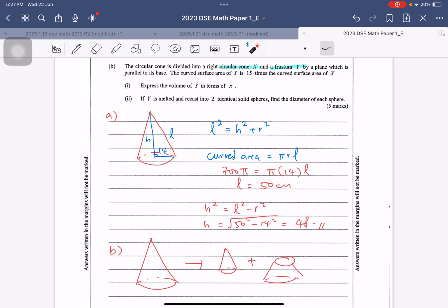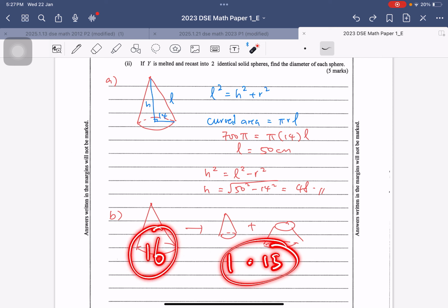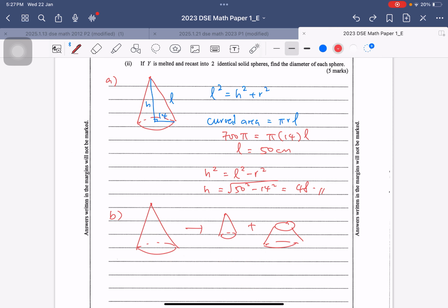So now the area for this is 1 to 15, isn't it? This is 1 to 15. So adding together, the total surface area of the original cone is going to be 16. Then we can have the curved area of the large cone to the curved area of X equal to 16 to 1.